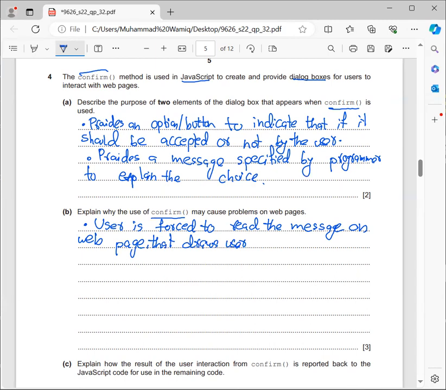Like for example, if you are reading an article on the internet and suddenly you have that pop-up asking whether you want to confirm reading this or not, this is definitely going to draw your attention away from it.